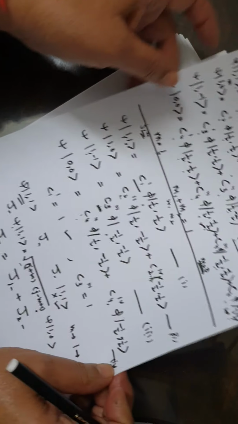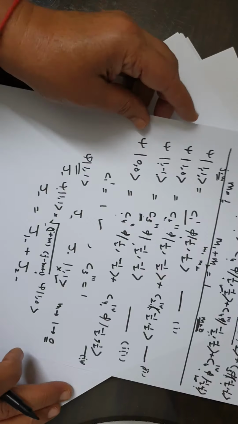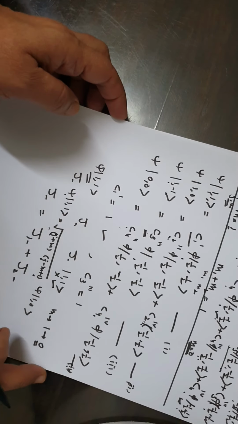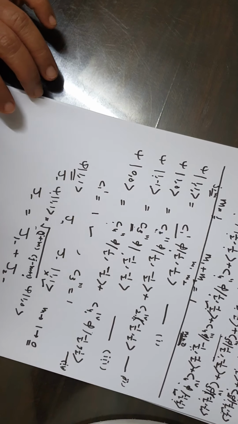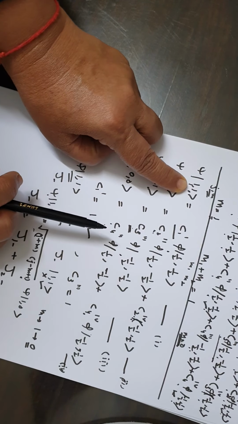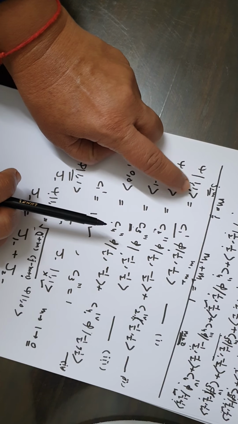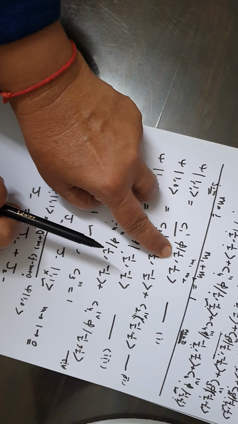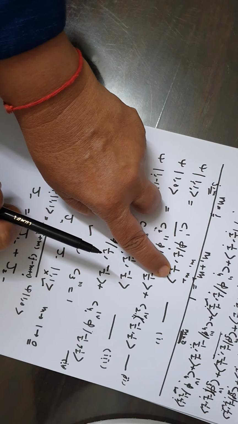That means on the left hand side I have got only the values of j and m. On the right hand side I have got the values m1 and m2.